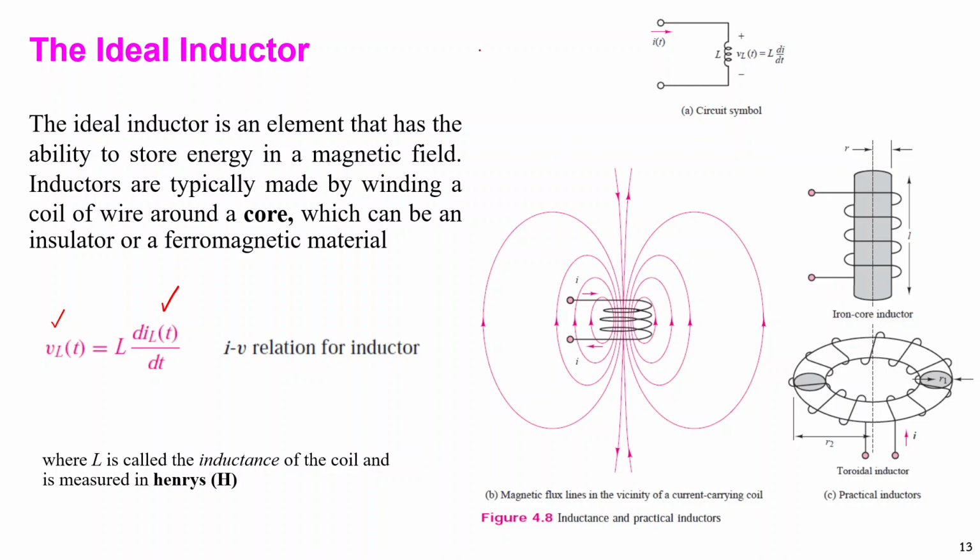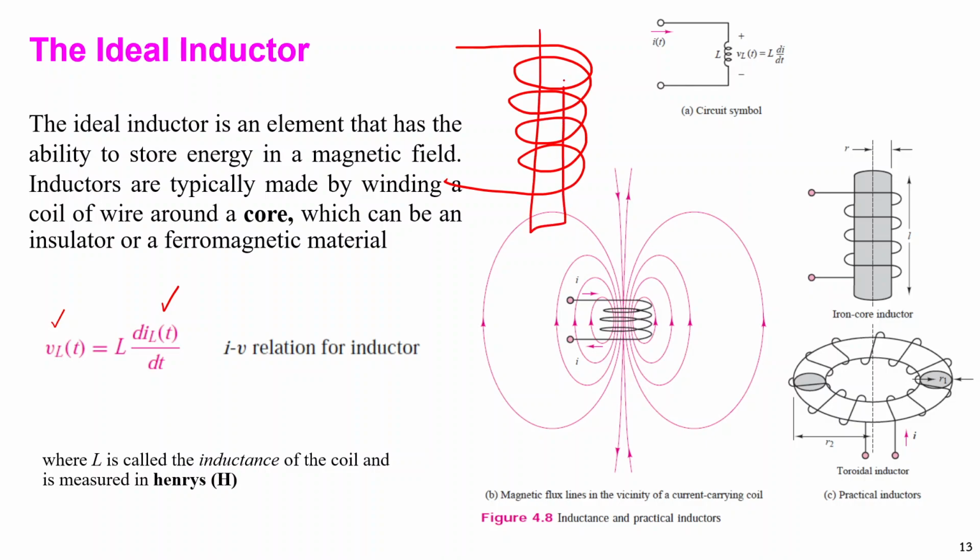If we have one coil and I place the magnet, just place it and nothing moves, there is no voltage, right? But if you move this magnet, the voltage will take place.